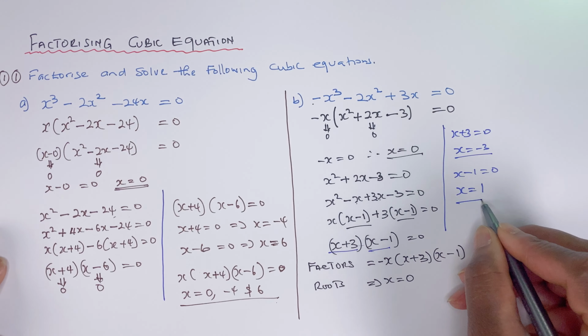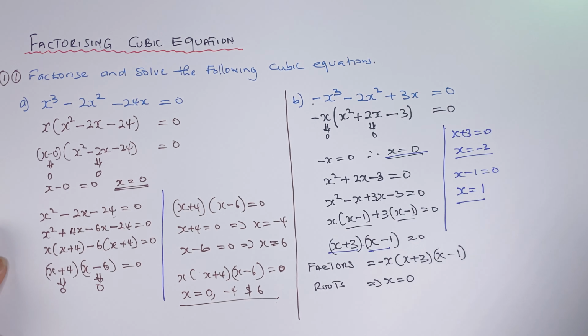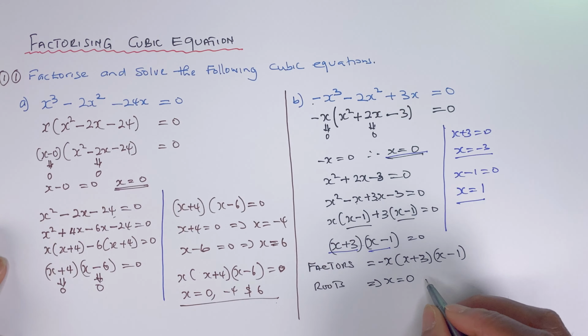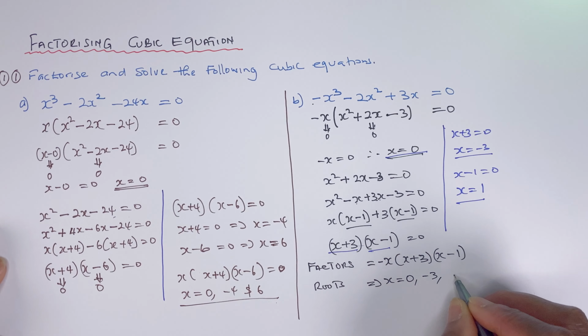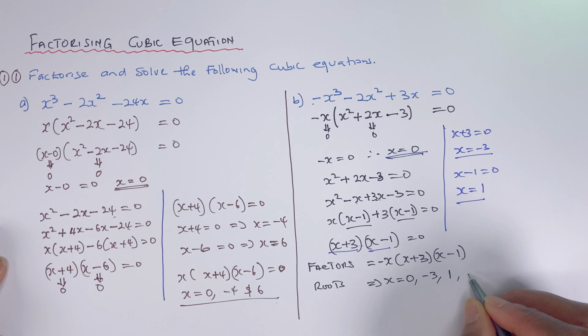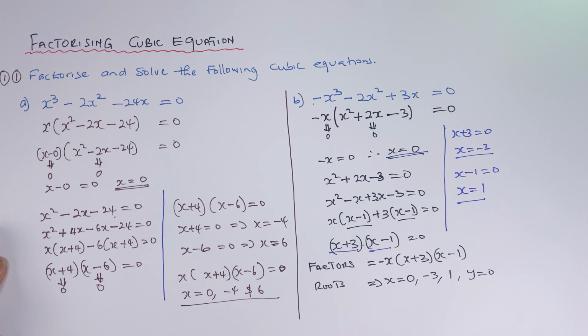So these are the roots. So that will be x equals minus 3 and x equals 1, where y equals 0.